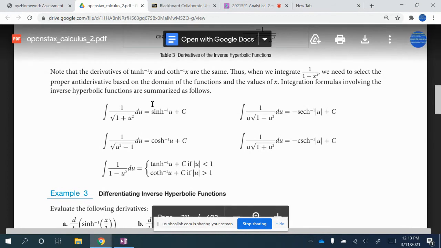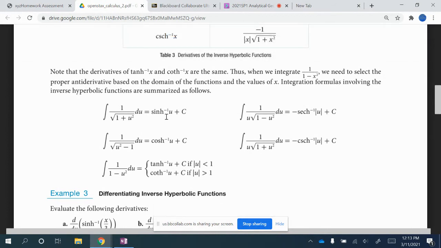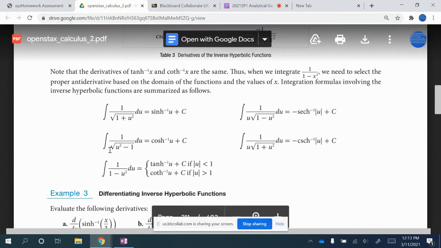In the directions, we were told to use the inverse of hyperbolic sine. So in this case, we're going to use the inverse of hyperbolic tangent. Just follow closely on this problem, because I'm going to do some weird things before I make my substitution.